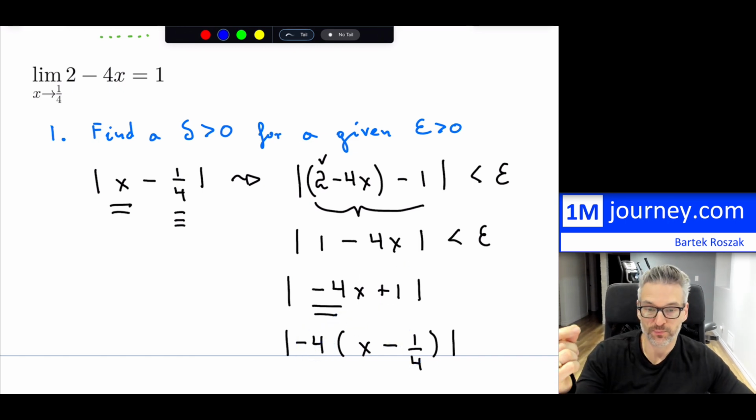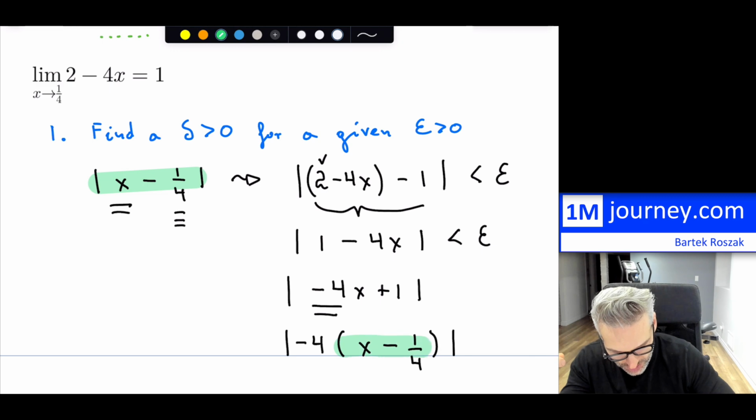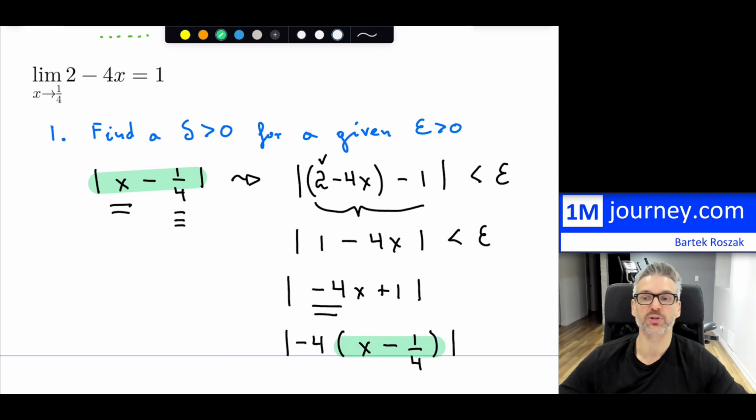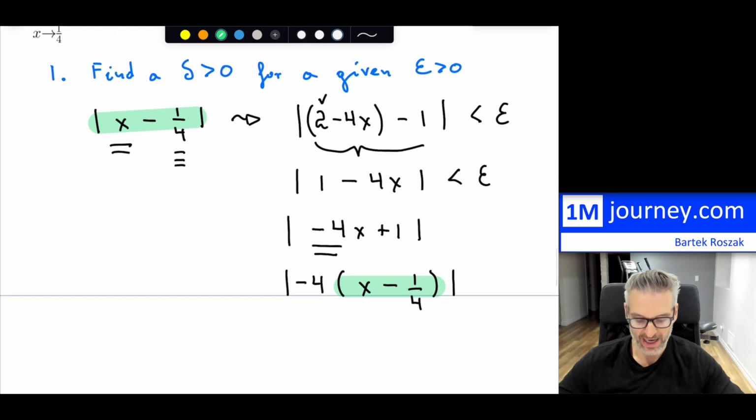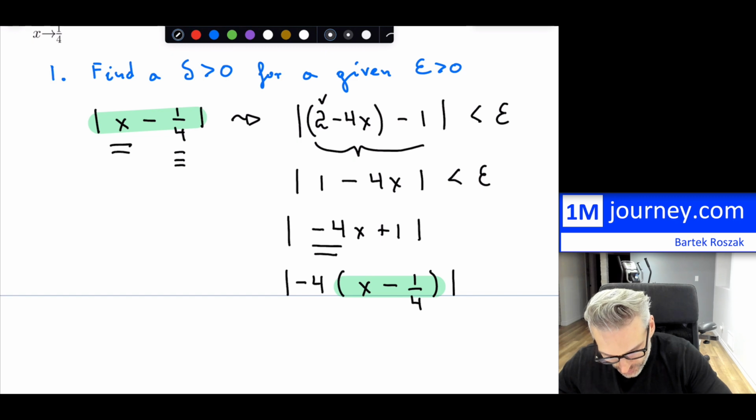Now you have to do that, because what we want to establish is some connection. Notice, these two, I would want them to be the same. Now this negative, you might think that it's causing a headache. It is not causing a headache for us at all.